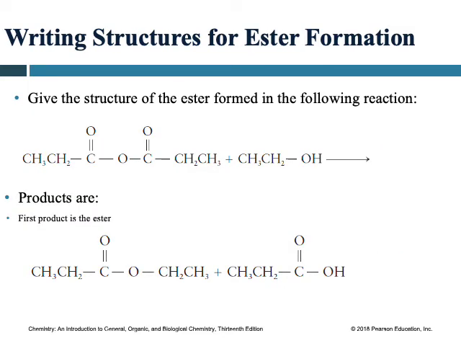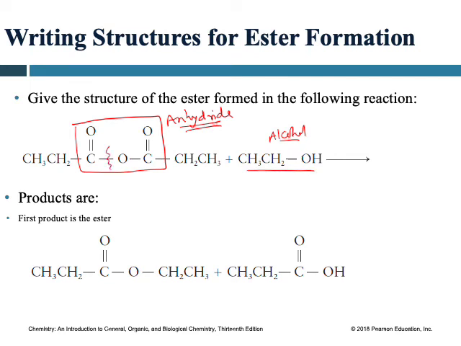So let's try to solve one more problem. In this case we are using what? An anhydride molecule. Acid anhydride reacts with what? Alcohol. This is alcohol. So what's going to happen again? The bond is going to break.